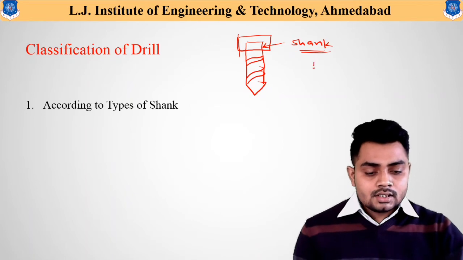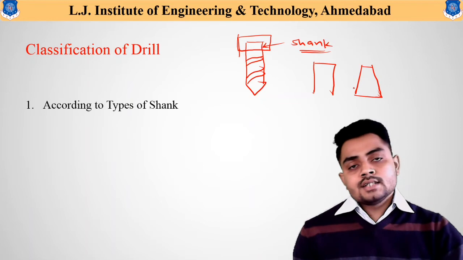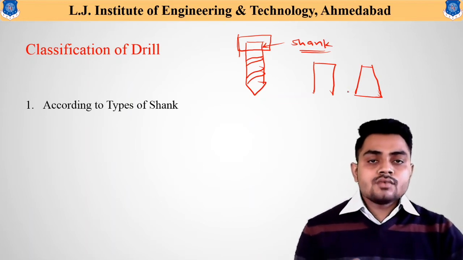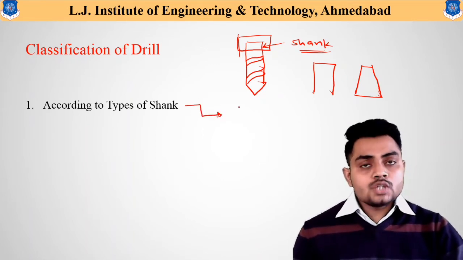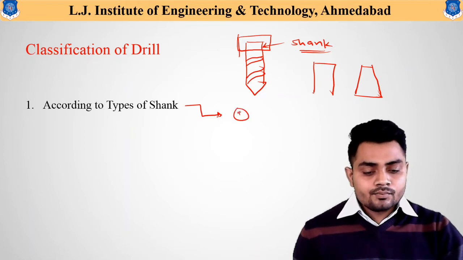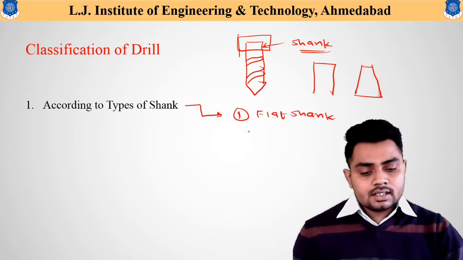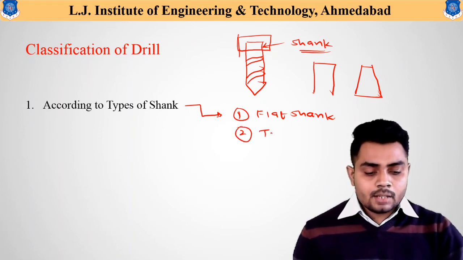First one, these shanks are available in flat design, or else these shanks are available in tapered design. So there are two types of shanks available based on the size of the drill bits. According to the type of the shank, there are two types: first one is the drill bit having a flat shank, and second one is the drill bit having a tapered shank.